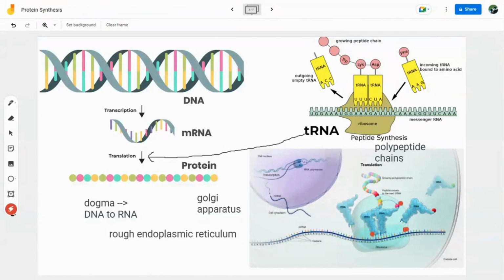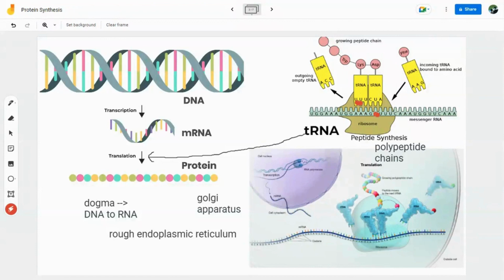There are 64 distinct tRNA molecules, each with a unique anticodon sequence matching the 64 different codons, combinations of three base pairs of DNA. Enzymes called amino acid tRNA synthetases attach amino acids to their respective tRNA molecules.